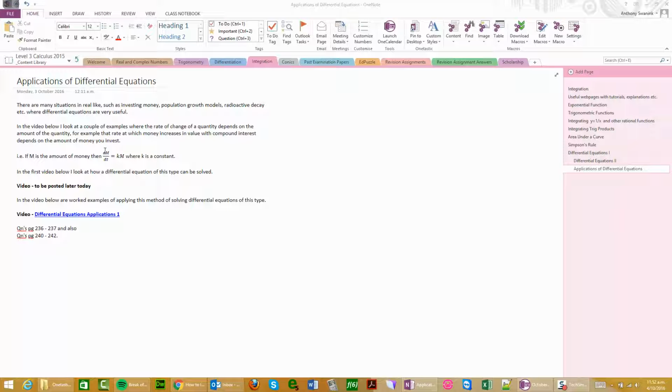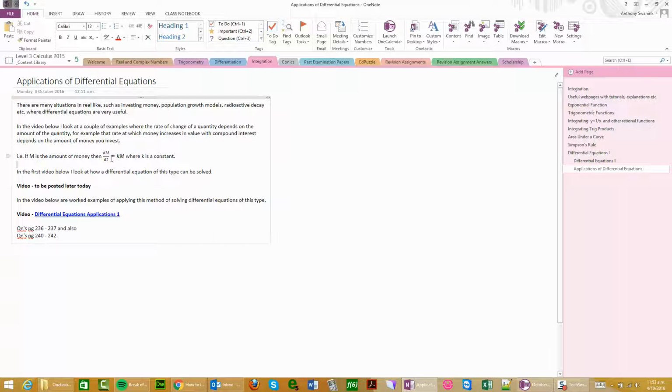And I think this would be a common sense, logical idea that the rate at which the amount of money that you have changes, so let's call M the amount of money, and I'm looking at this line here. So the rate at which the amount of money is changing with time depends on the amount of money.